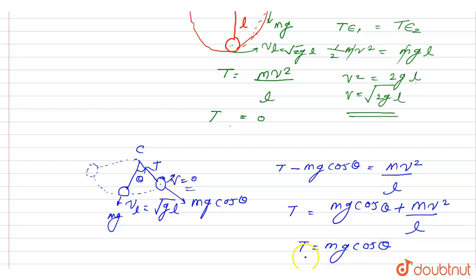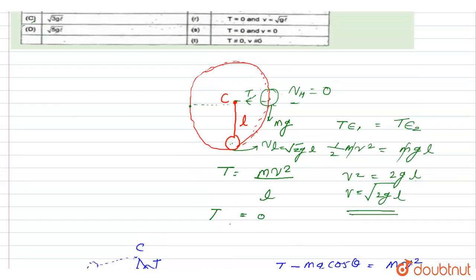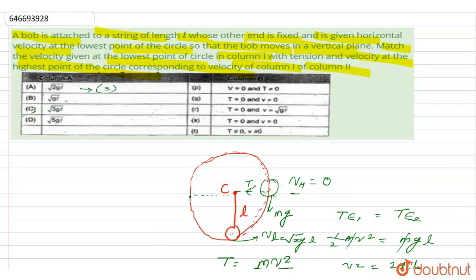It means that at the point of highest velocity, V equals 0 and T does not equal 0. So let me check, it matches. If we take the lowest velocity under root gl, then it matches with P: V equals 0 and T does not equal 0. Therefore, it is P.